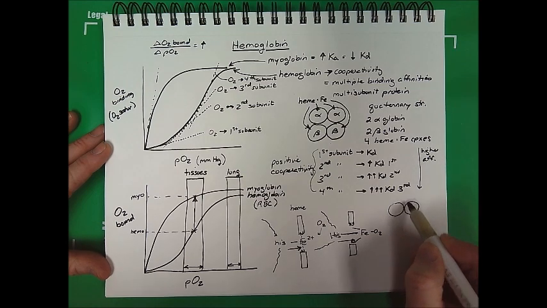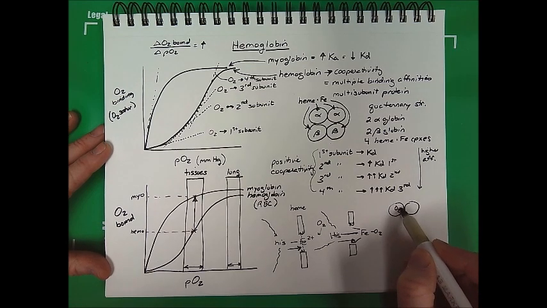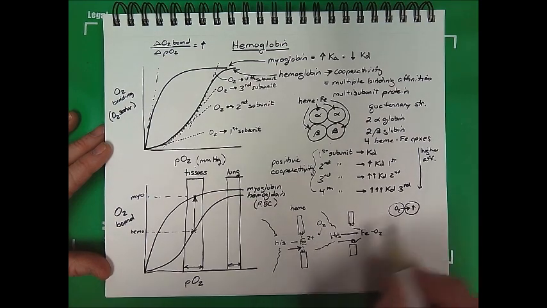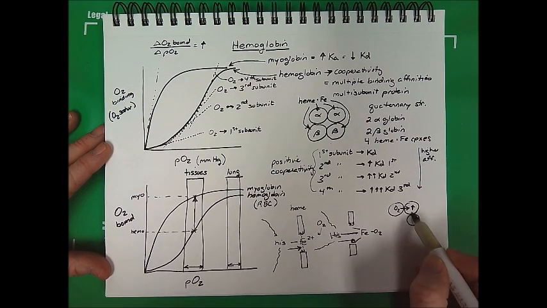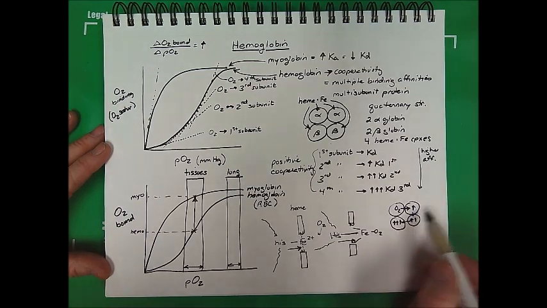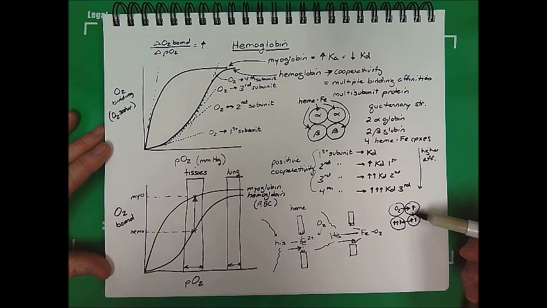So the binding of oxygen is going to increase the affinity because of this conformational change. And because this is a positive cooperation between these, each subsequent binding of oxygen to each of the subunits will induce a conformational change on the next subunit, which will further increase the affinity.